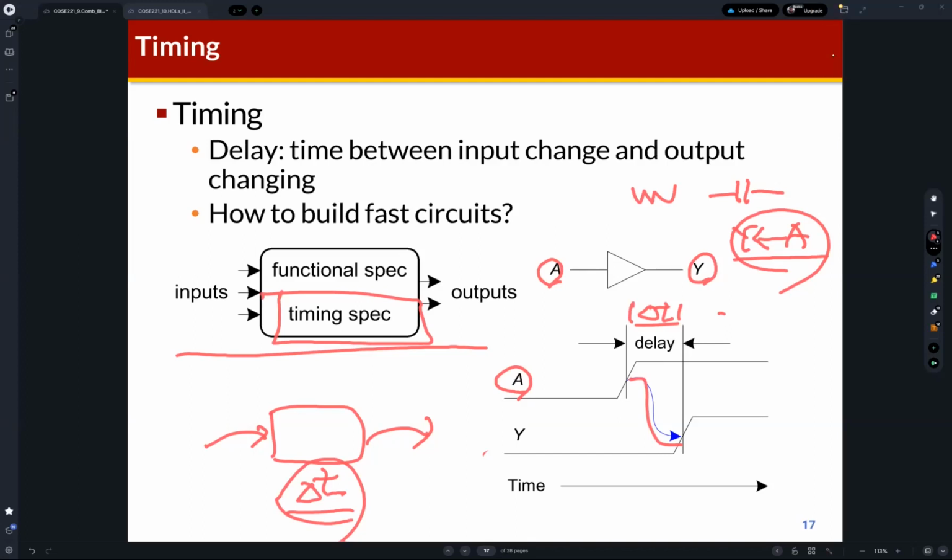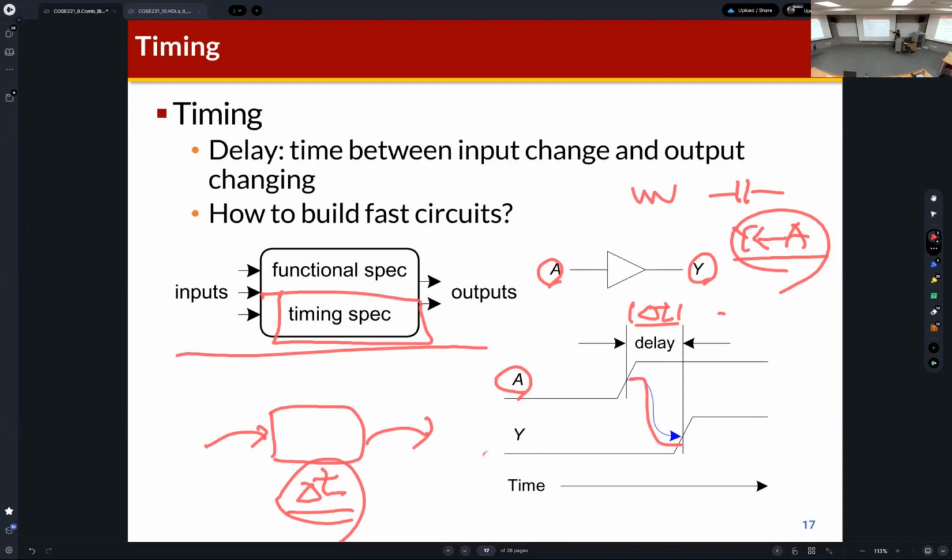This means that it's not true in real hardware, but in software, when you write the code in programming languages, then we can think that the output values are immediately determined by the input values. Okay, that's the software perspective.